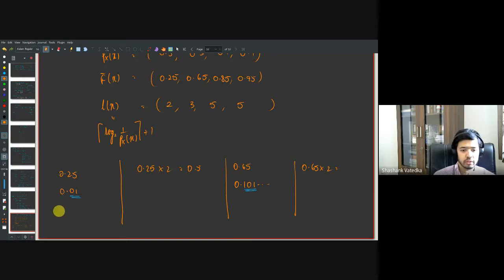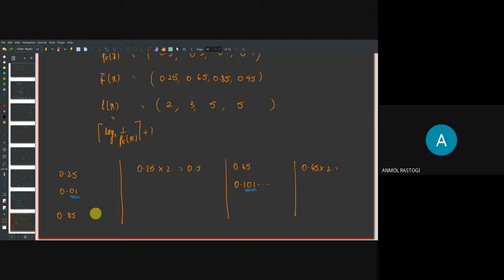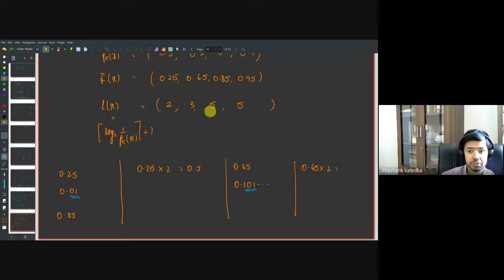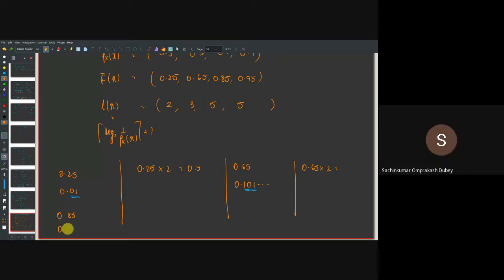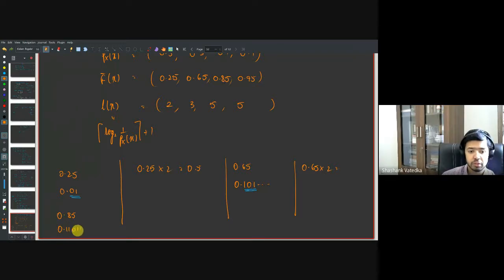What is 0.85? We want 5 bits. The first 5 bits are 11011. And 0.95.